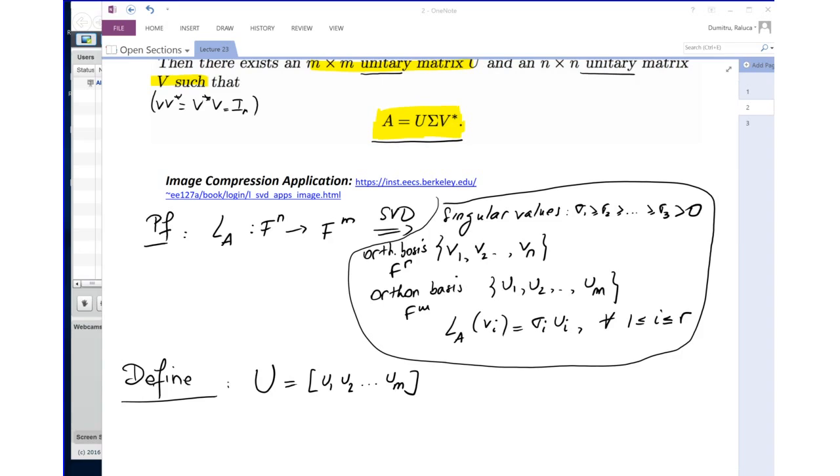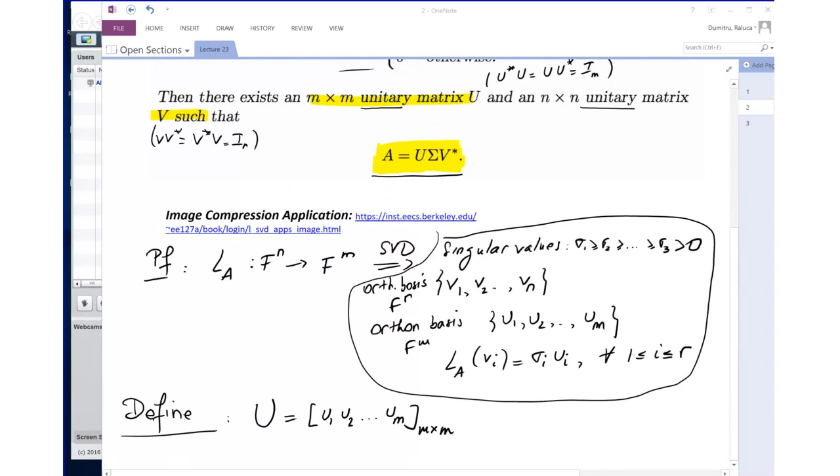There are m vectors, each m by 1, so that will turn into an m by m matrix. This is exactly what we wanted for U. Do the same for V by placing the V vectors next to each other. Each of them is an n by 1 vector, so overall this will become an n by n matrix.